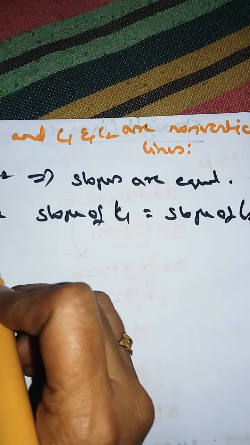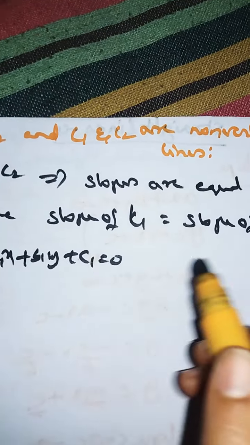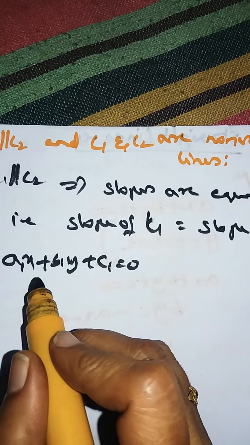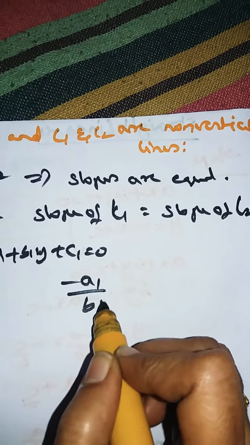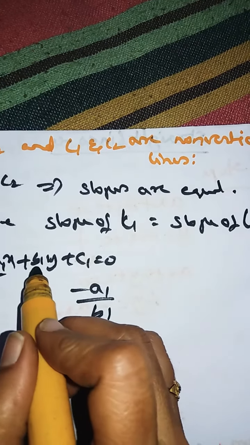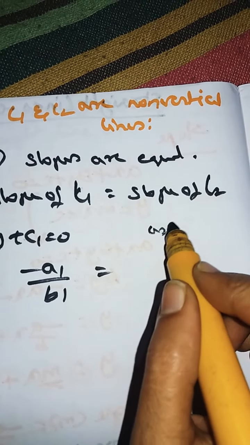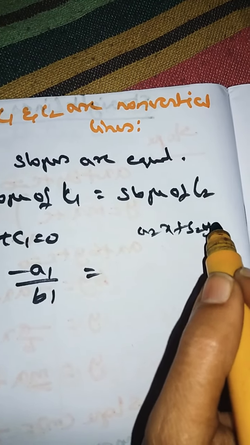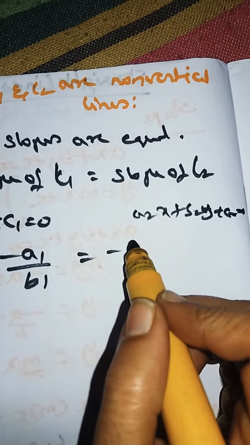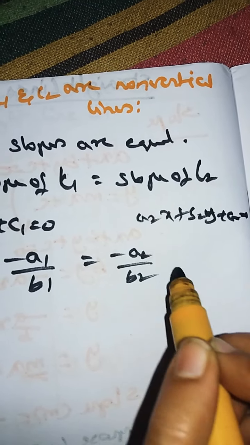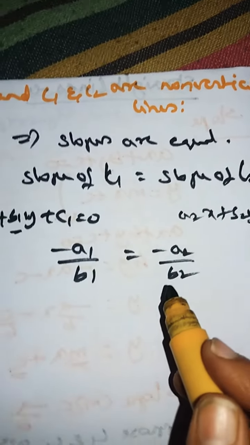So what is the slope of line L1? Let us take a1x + b1y + c1 = 0. The slope of this line is -a1/b1, that is, minus the x coefficient by the y coefficient. This is equal to the slope of L2, a2x + b2y + c2 = 0. The slope of the second line is -a2/b2, because the slope of the line is minus the x coefficient by the y coefficient.